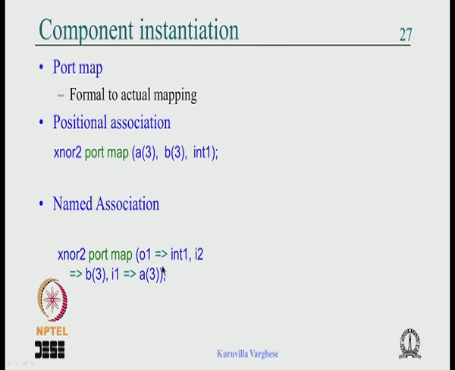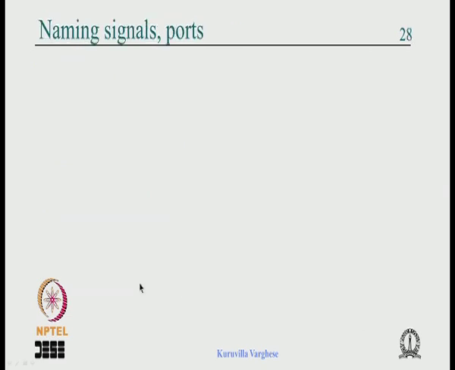So a convenient way of associating is to explicitly give the formal to actual mapping. So one need not keep any order. You specify what is the formal parameter which is defined in the component, and what is the actual signal to which it is mapped. So that is what is shown here. So it's a very convenient way of doing it.